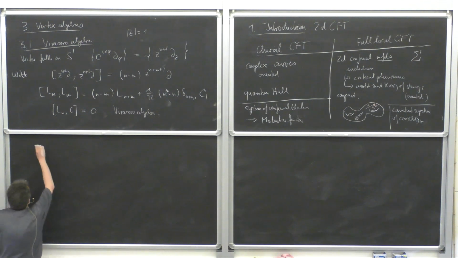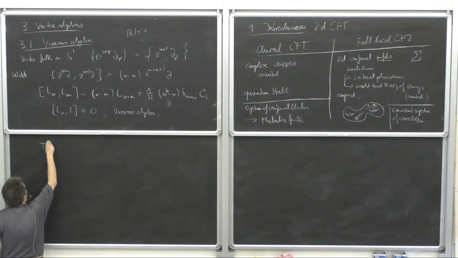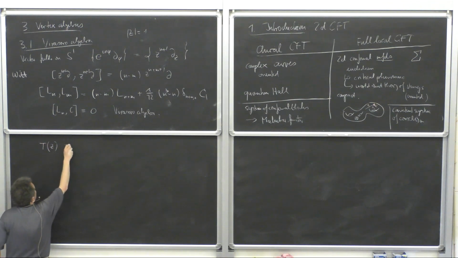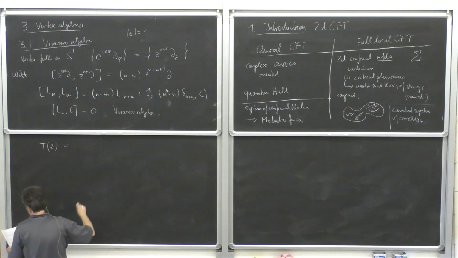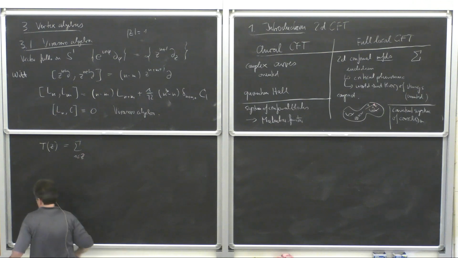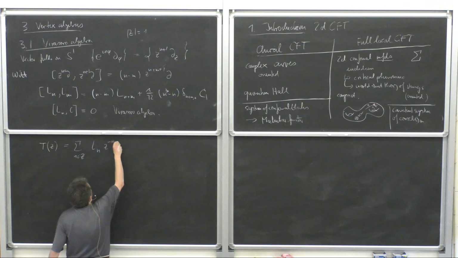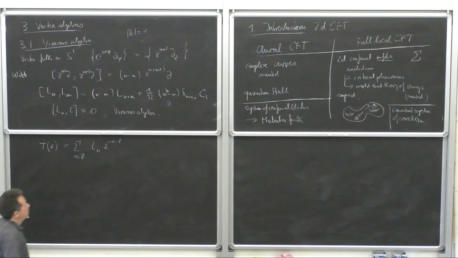In this situation, there is something quite convenient, namely, you have infinitely many quantities and you collect them into a generating function, and you are writing down an expression of this type.